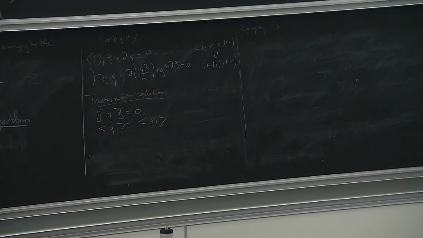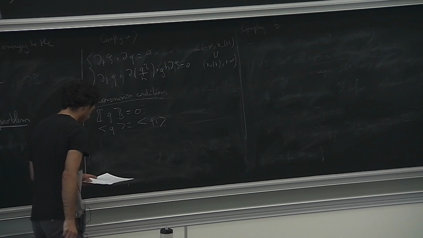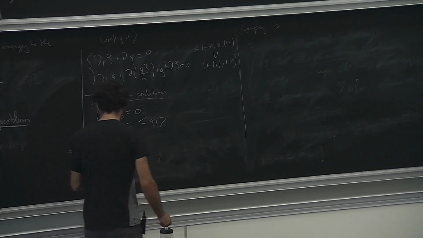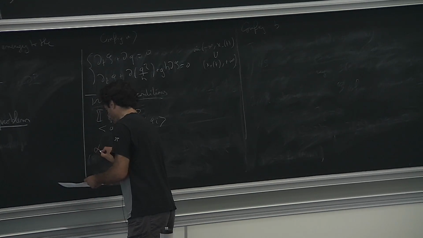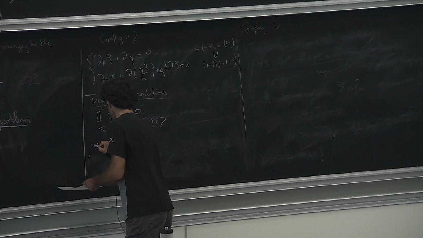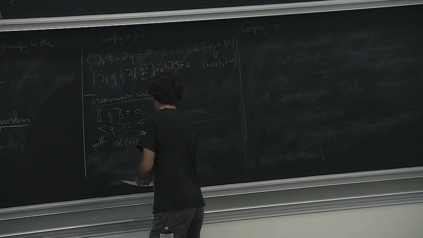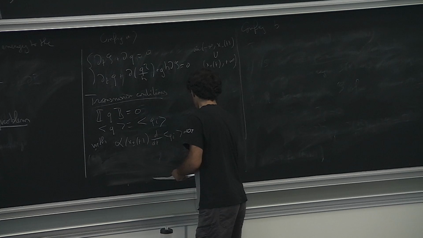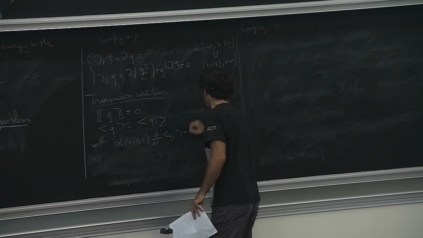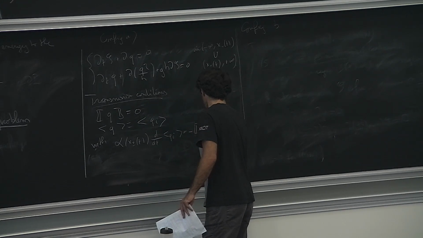So we have a transmission condition like this, and so we have a condition on the average of Q, and this condition takes the form of an ODE, which is alpha of x plus minus t, d over dt of Qi is equal to minus 1 over rho. So I will write it like this.